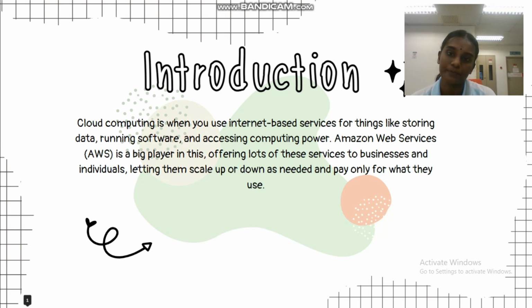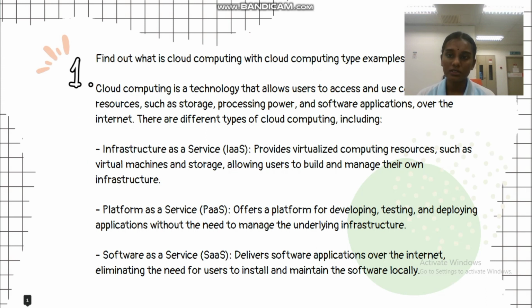So the first question is, find out what is cloud computing, with types and examples. Cloud computing is a technology that allows users to access and use computing resources such as storage, processing power, and software applications over the internet.